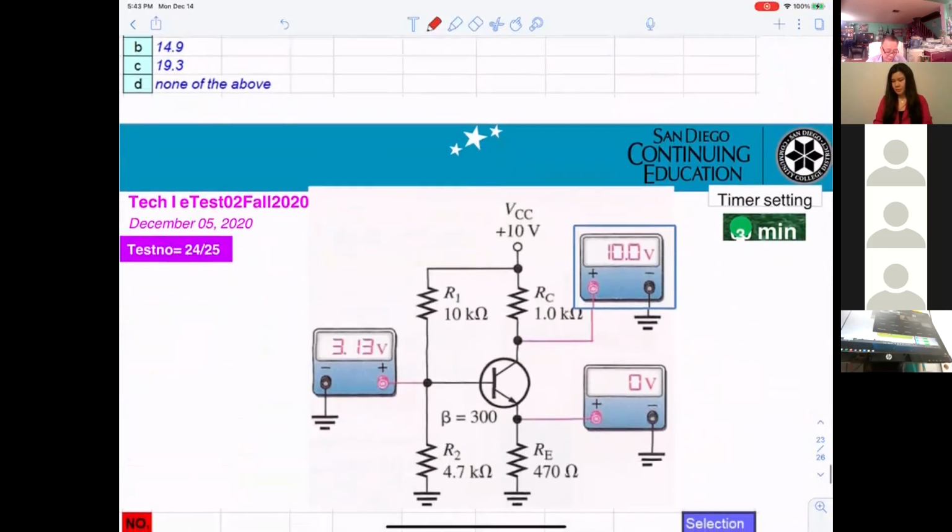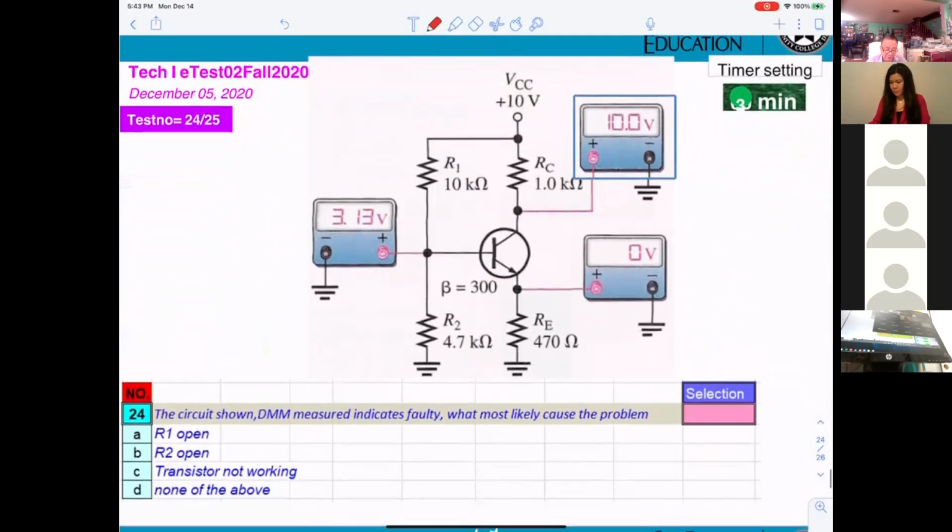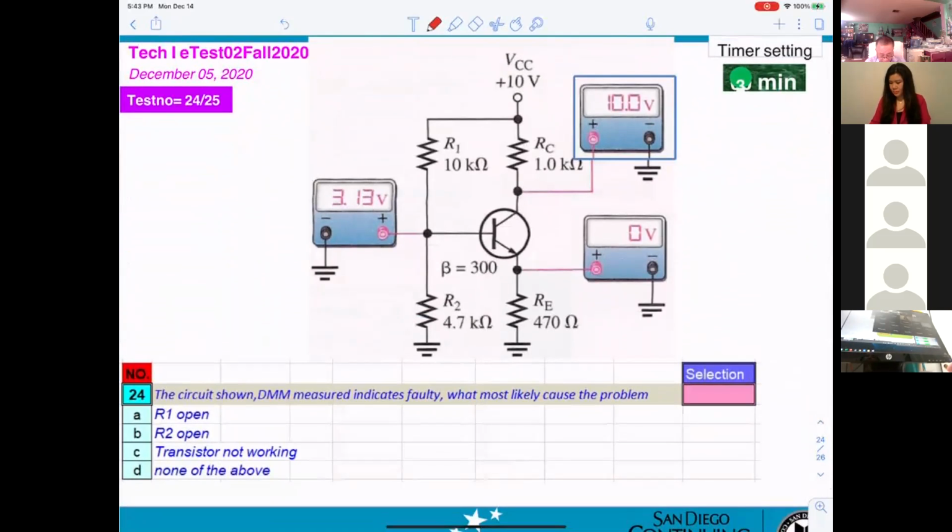Yeah. 24. C. What most likely caused the problem? Let's see. DMM measurements indicate a fault. Okay, so normally when you see you get 10 volt here and you get 10 volt here, the transistor's open.